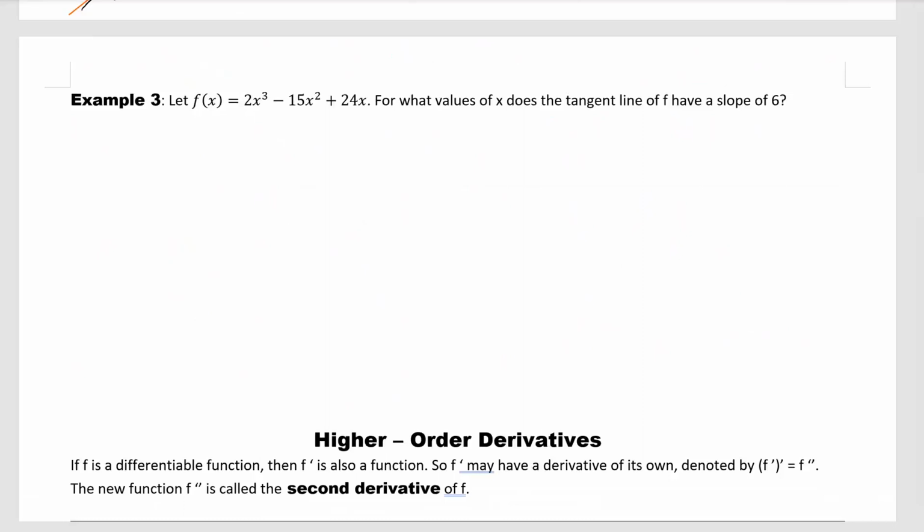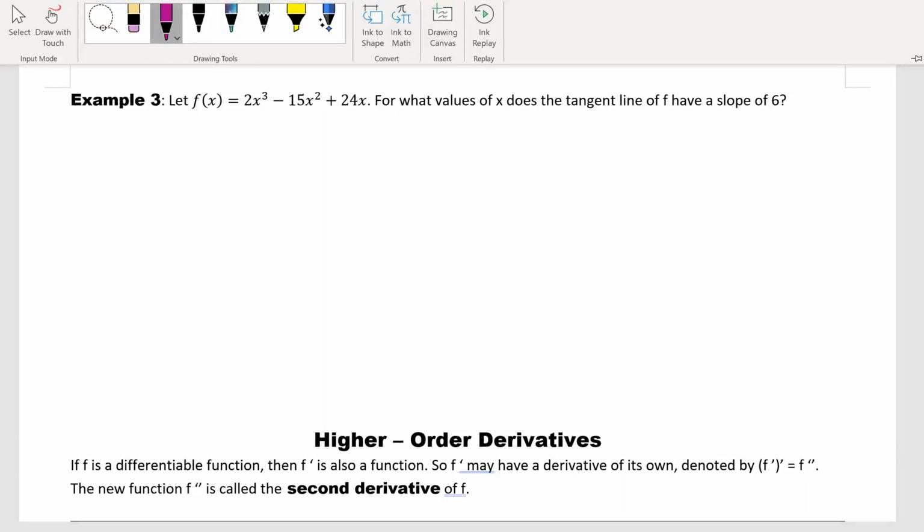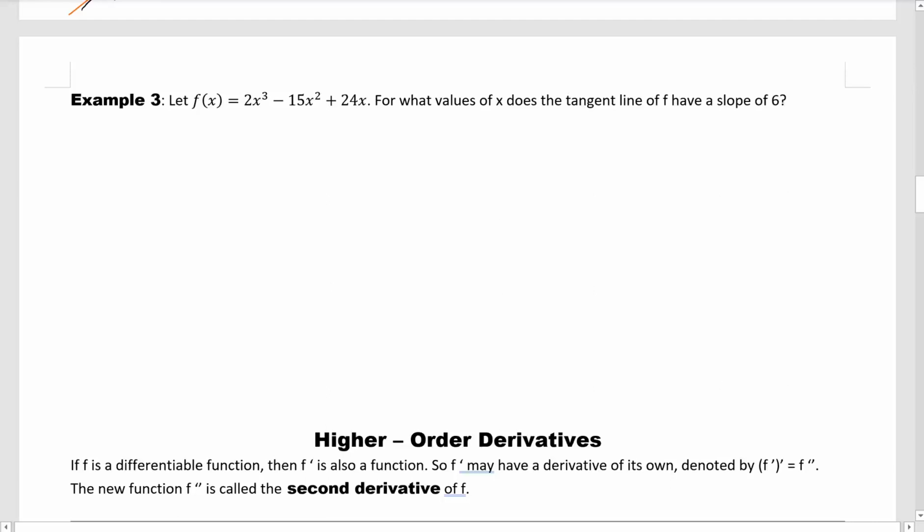Do you plug in x is 6 and then you find the slope and you find the tangent line? Or your slope is 6, you set the derivative equal to 6 and then you find the x? Which direction? The second one, right? So that's why here first of all we want to find the derivative.